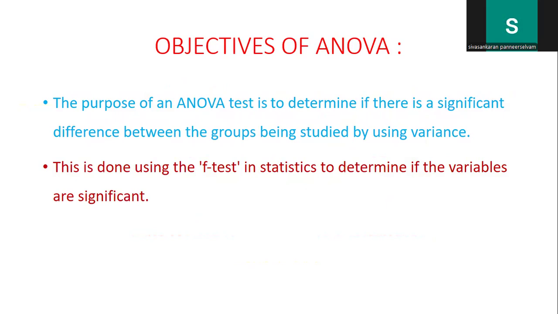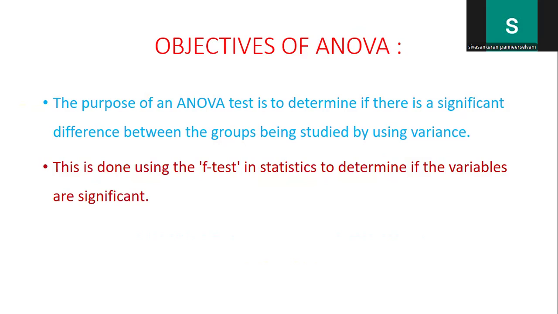Before moving on to the topic, let us start with the basic objectives of analysis of variance. ANOVA is one of the methodologies under design of experiments. The primary purpose of ANOVA experimentation is to determine whether there is a significant difference between each group or not, and find out the variance between each group if there is found to be a significant difference.